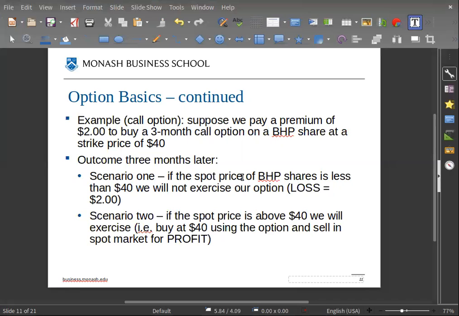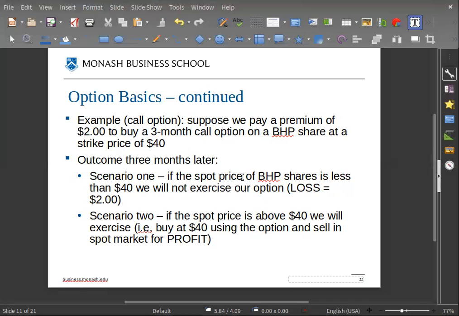Now, it doesn't say whether it's a European or an American option, so all we know is it is going to expire in 90 days from today. And the exercise or the strike price is 40. And because it's a call option, that means in 90 days from today, we will have the right to buy the share of BHP from the option seller at $40.